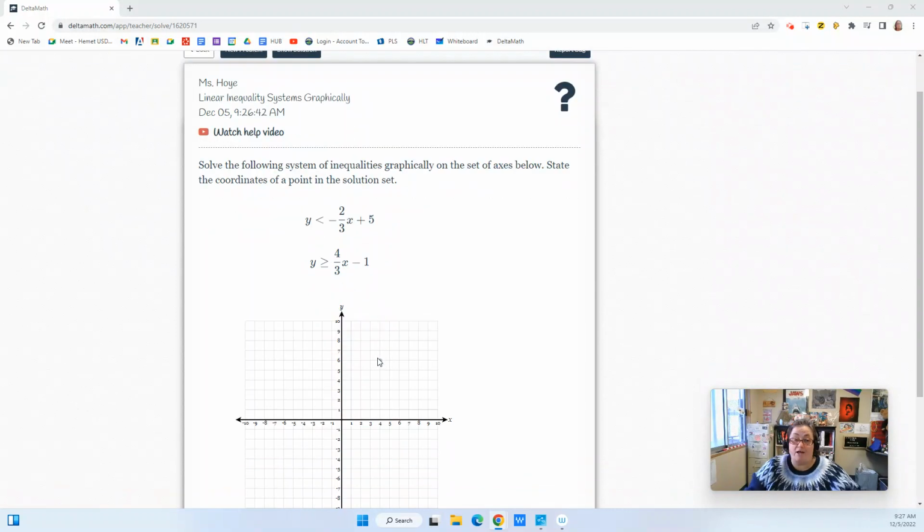We have been working on solving systems of linear equations, and today we're talking about solving systems of inequalities. So not equal, right? They can be equal, but for the most part, what we're dealing with is greater than or less than.